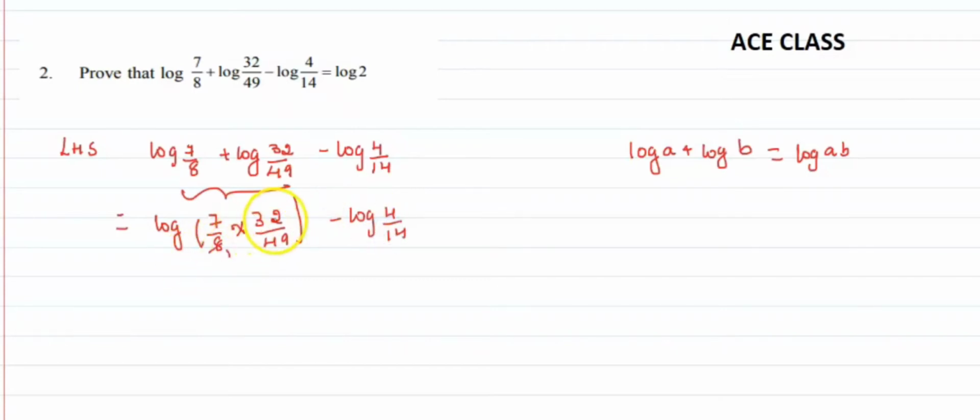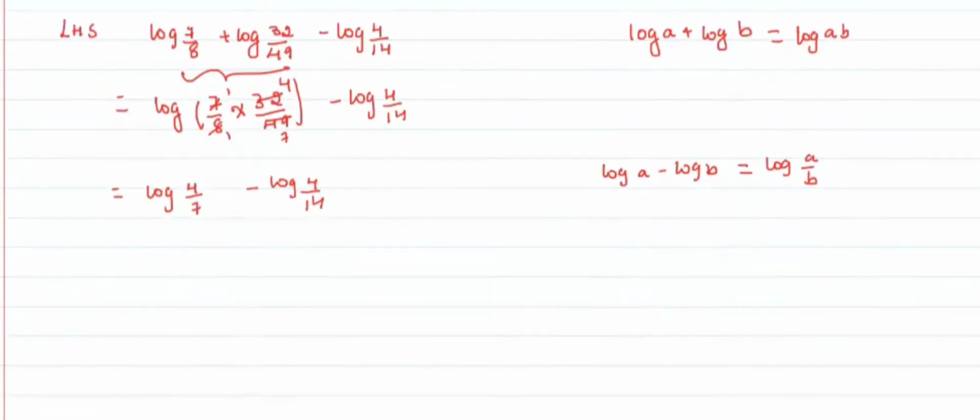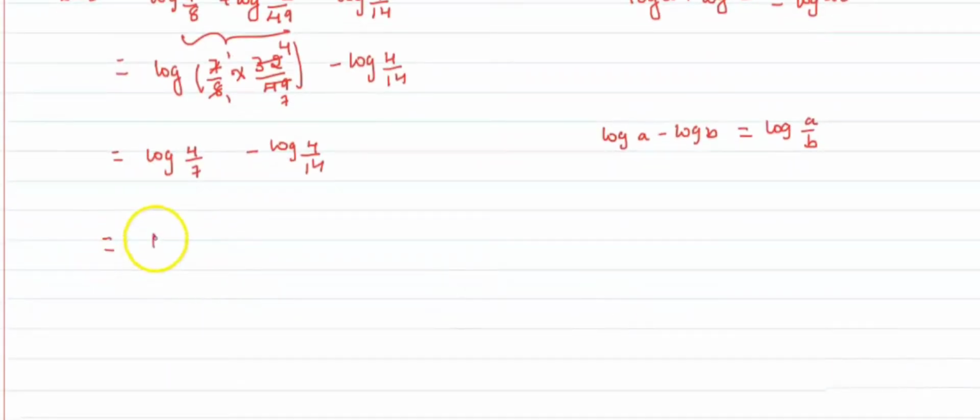8 ones are 8, 8 fours are 32, 7 ones are 7, 7 sevens are 49. So this is log of 4 by 7 minus log of 4 by 14. Now you can write log A minus log B as log of A by B. So this is log of 4 by 7 whole divided by 4 by 14.